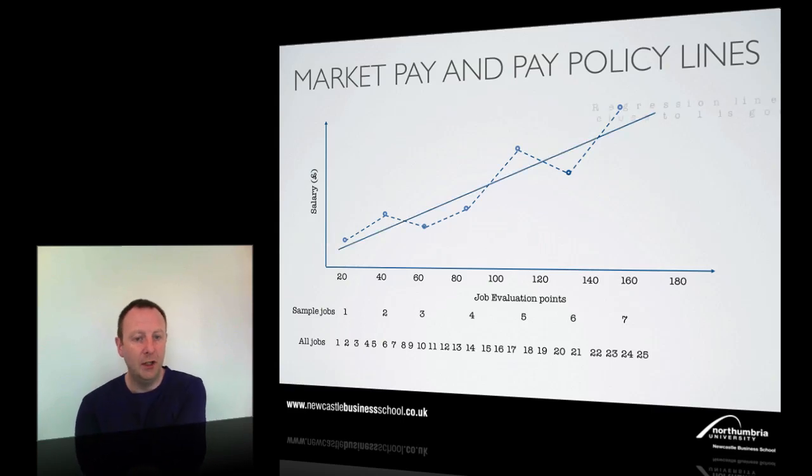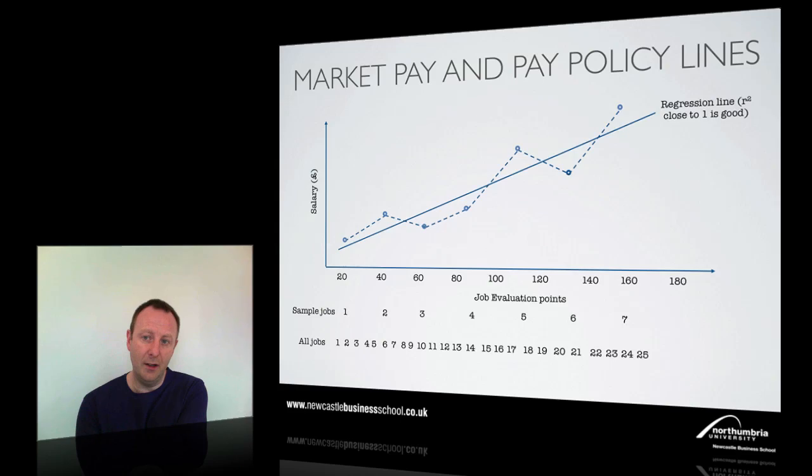We need to apply a regression to this data so that we reduce the divergence of these market pay points, and we identify a nice, clean, linear relationship between job evaluation points on the one hand and market salary on the other.